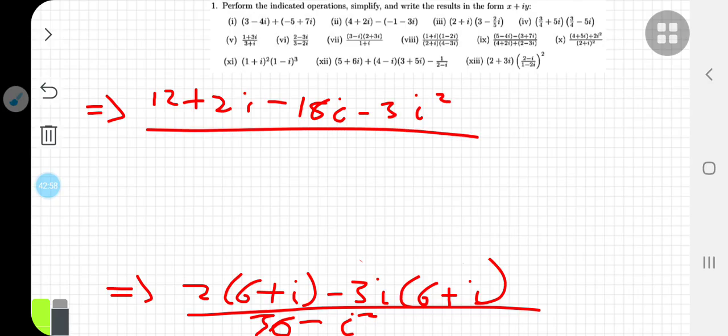And I'm dividing this with 36 minus negative 1 there. So I just did 2 times 6 there to give me 12. Then 2 times i to give me 2i. Then negative 3i times 6, oh, negative 3 times 6 there, it gives me negative 18i there. Then negative 3i times i to give me negative 3i squared.